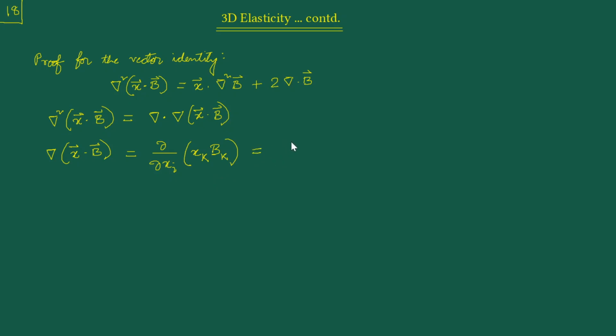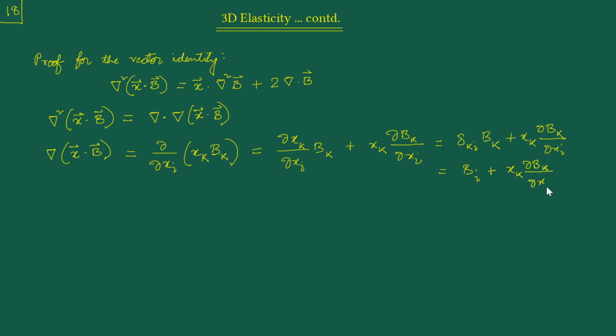So I have del xk del xi using the simple chain rule plus xk del bk del xi, and you note that this del xk del xi is nothing but the Kronecker delta ki bk plus xk del bk del xi, and this delta ki bk, using the substitution power of the Kronecker delta, we arrive at bi plus xk del bk del xi.